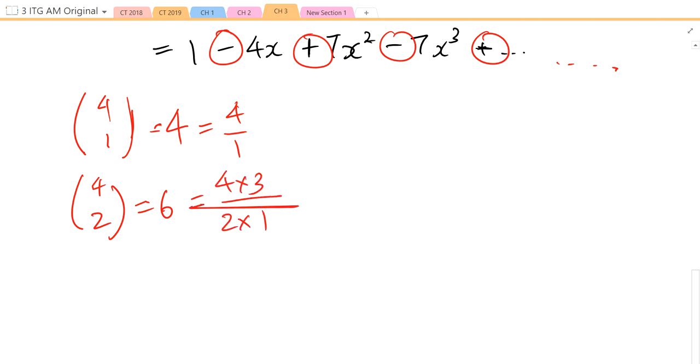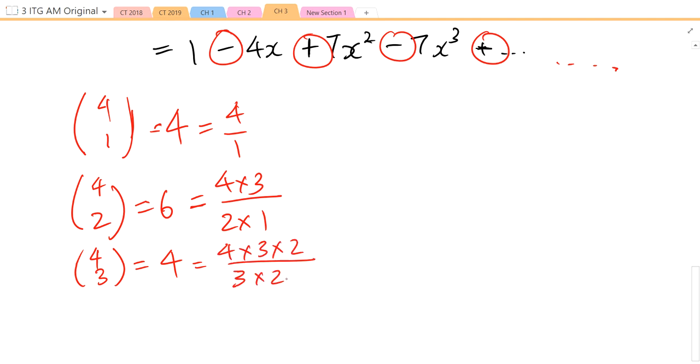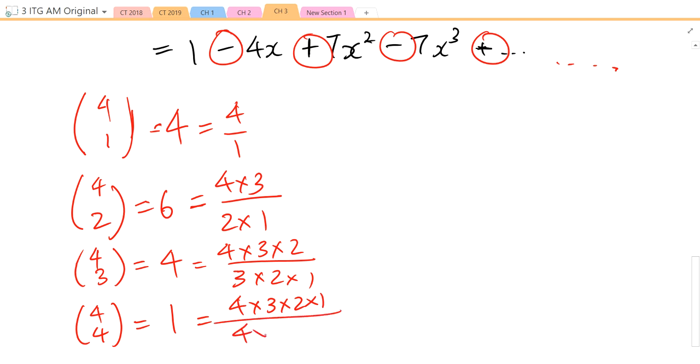I'll just list them down according to your textbook, and we try and find a pattern. 4 choose 3 gives us 4, which is 4 times 3 times 2 over 3 times 2 times 1. And the last one, 4 choose 4, is equal to 1, which is 4 times 3 times 2 times 1 over 4 times 3 times 2 times 1.